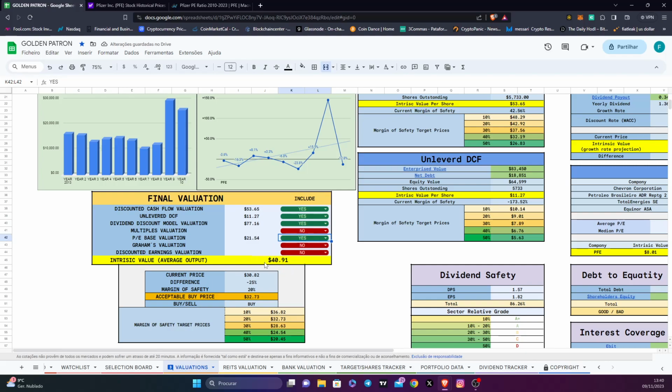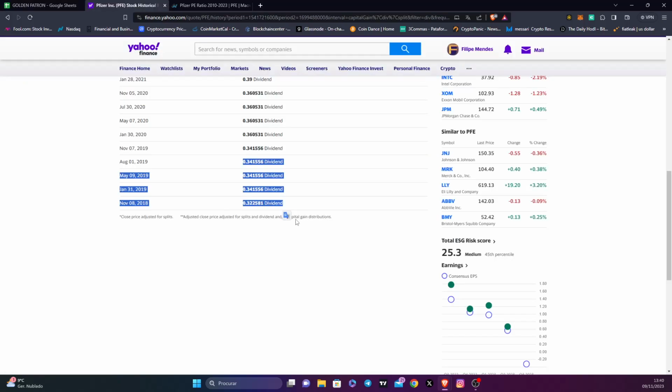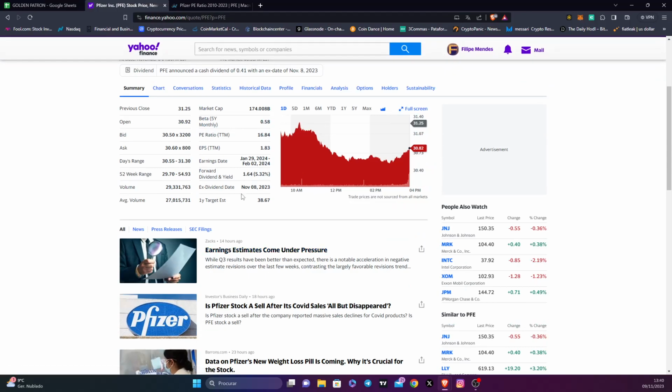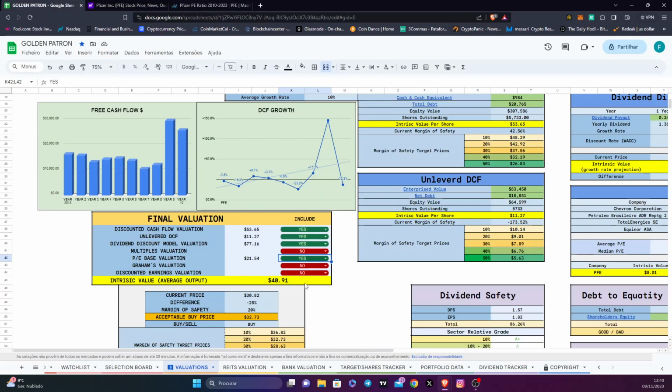And $40 should still be kind of low. I'm not sure, but let's find out. Yeah, as you can see, according to professional analysis, the 1 year target's at 38. So this is coming out to be pretty accurate, our valuation.